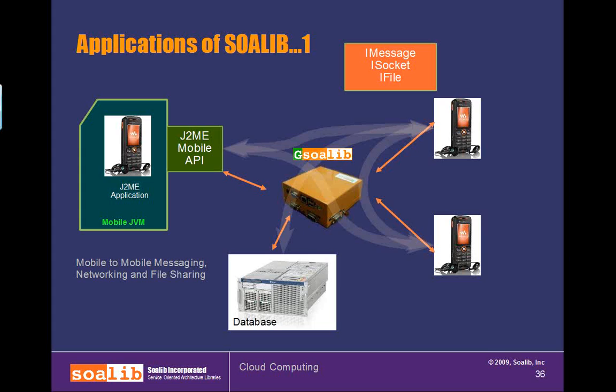This box is able to synchronize or communicate with multiple mobile devices, cell phones mostly, with each other. And each of these cell phones can access one of the 24 available databases which SOALIB supports. So this allows you to access data from databases from cell applications.